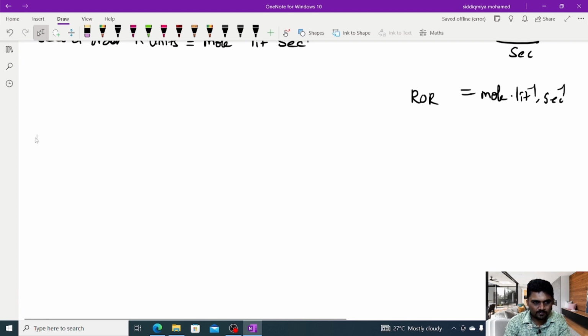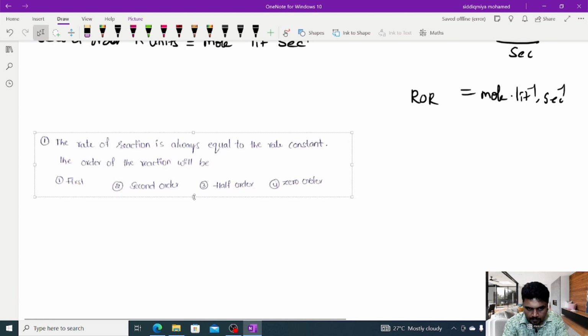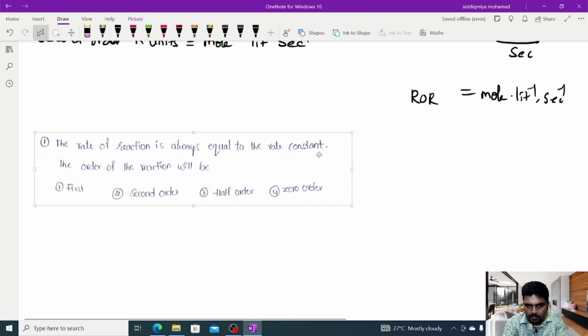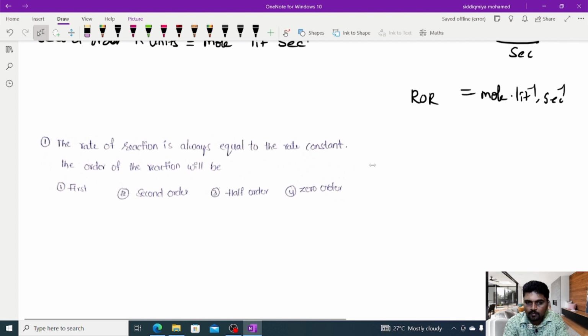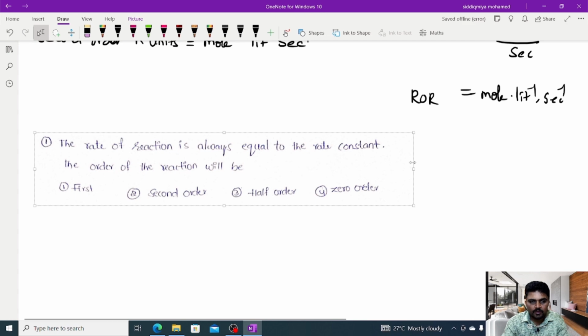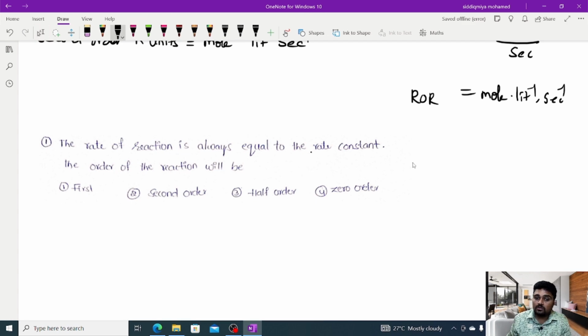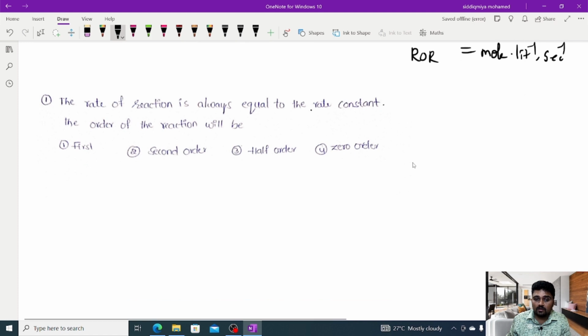So here, the question is: rate of reaction is always equal to rate constant, the order of reaction will be?